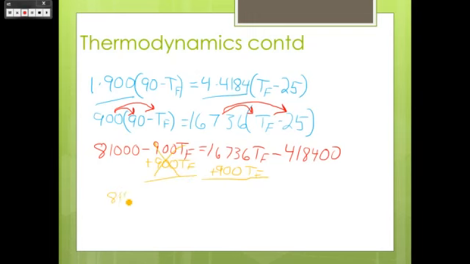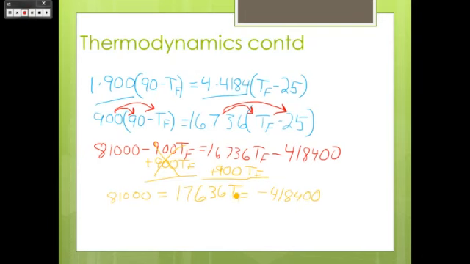I then have 81,000, and I'm adding 900, which makes this 17,636 times my final temperature minus 418,400.